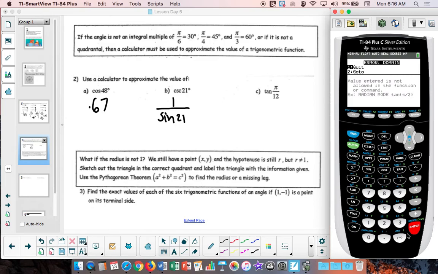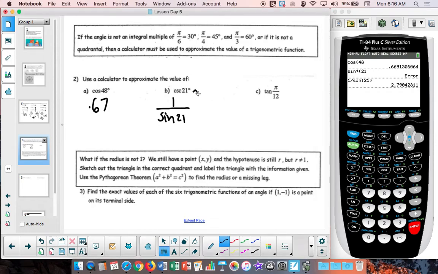So it just gets grumpy with you when you try to plug in numbers that are bigger than 1. We'll get more into inverse trig, domain, things like that. But just know that cosecant is 1 divided by sine of 21, which is about 2.79.